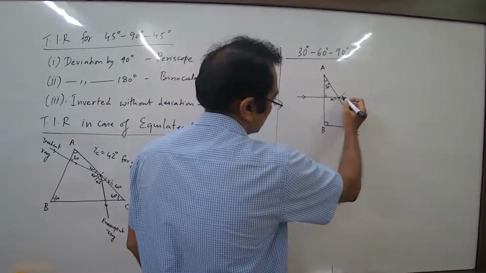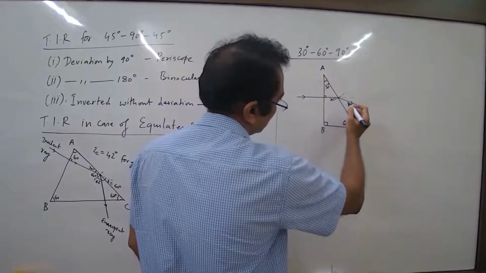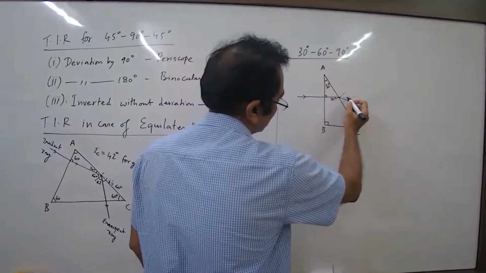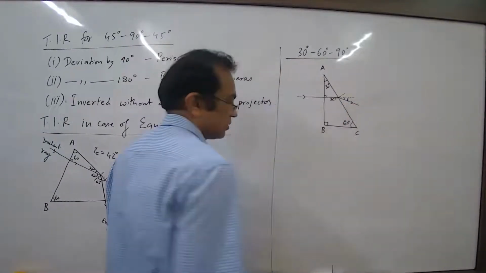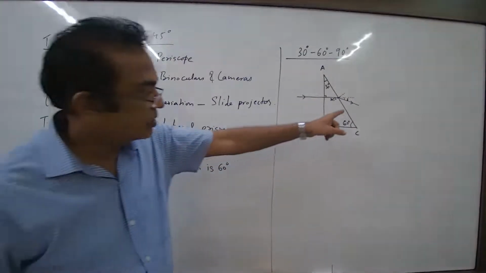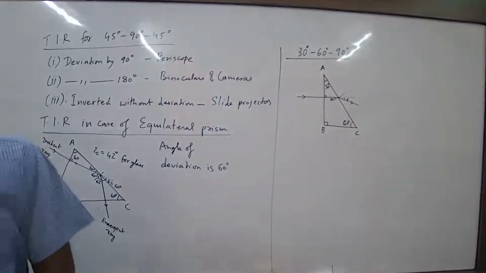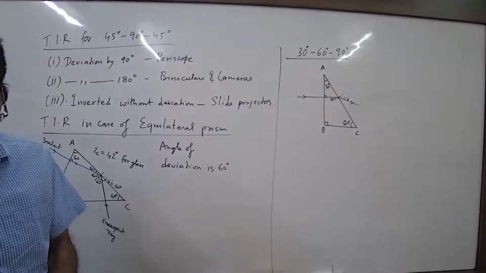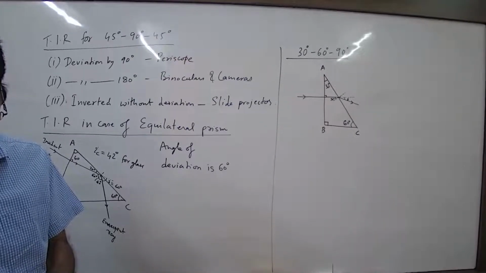Obviously it is greater than 30 degree. So this is the angle of deviation. The emergent ray, have I drawn it correct? That went wrong.